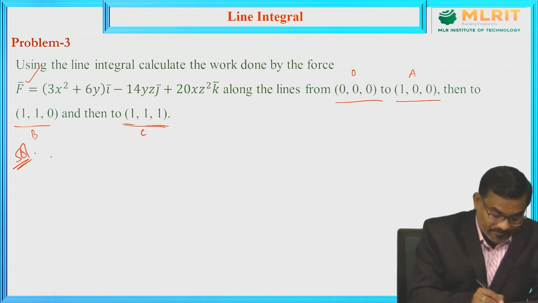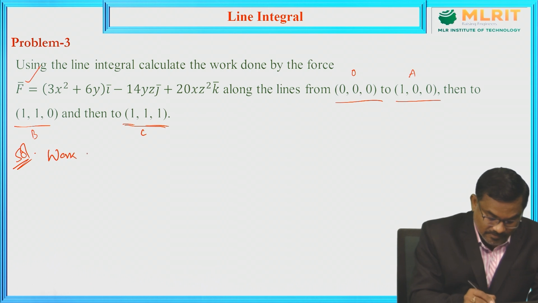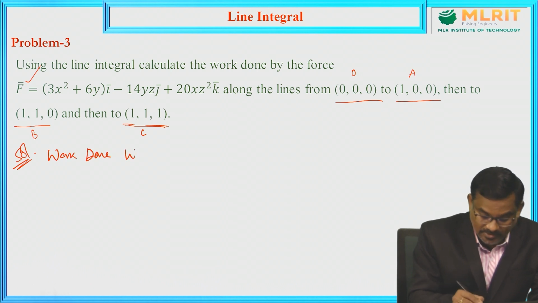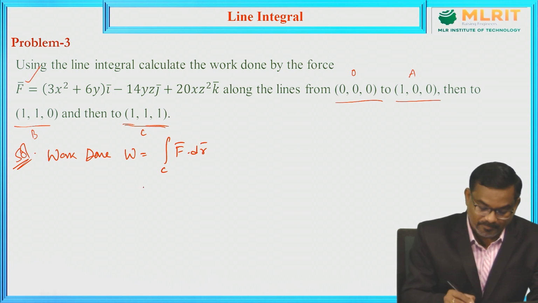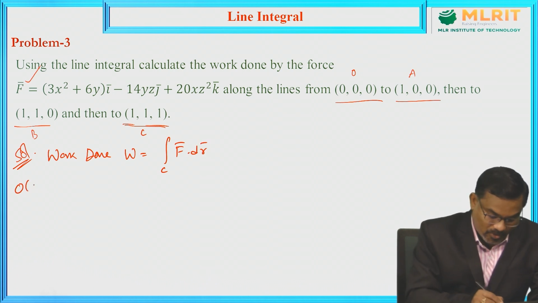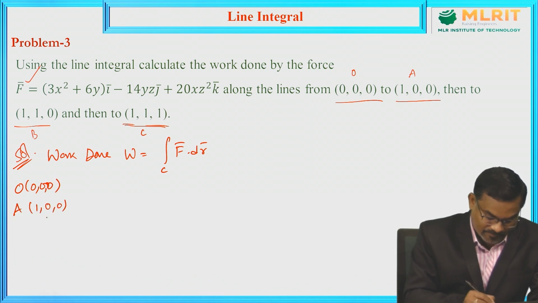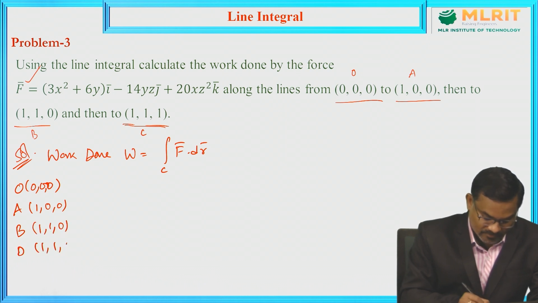So here the work done is given by the line integral of F bar dot dr bar. In this particular problem, the first point is O, the second point is 1, 0, 0, A, the third point B is 1, 1, 0 and the fourth is 1, 1, 1.